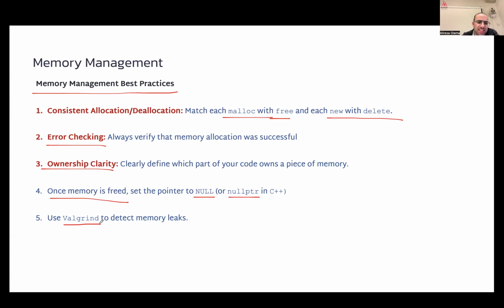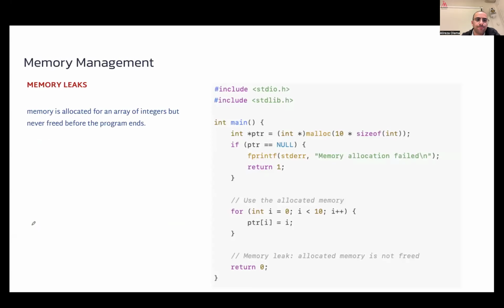I think it's available on CLion, the IDE, but I think you have to install it separately. But it is a good tool to detect memory problems. Okay, so keep these 5 best practices in mind when you are working with memory.